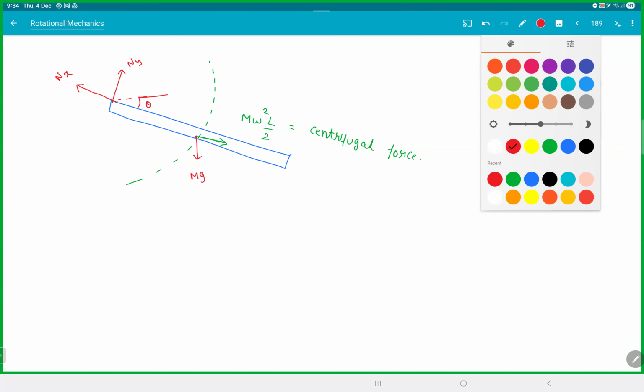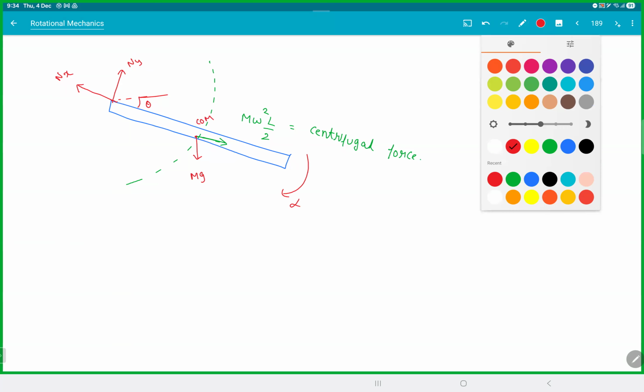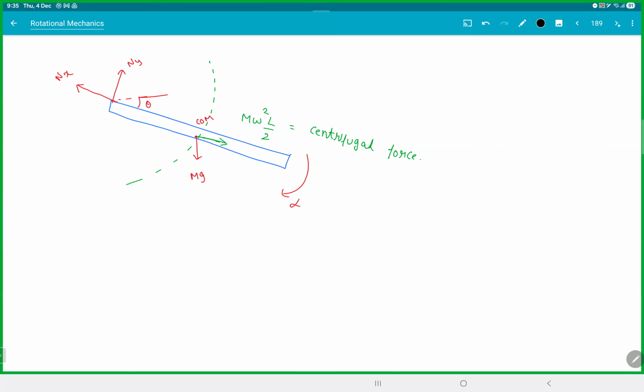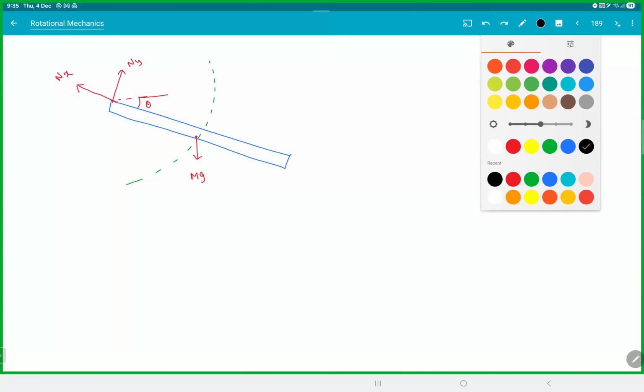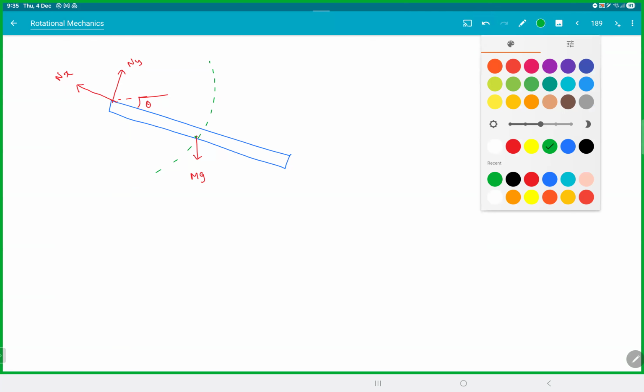And not only that, there is also an alpha here. Actually, if you don't want centrifugal force, let's do the other way. Let me use accelerations only. I can take centrifugal force, that is also fine, but okay, first let me resolve the components.